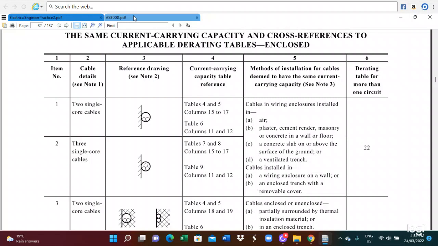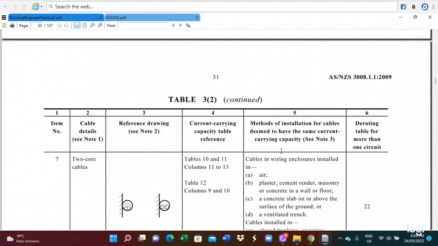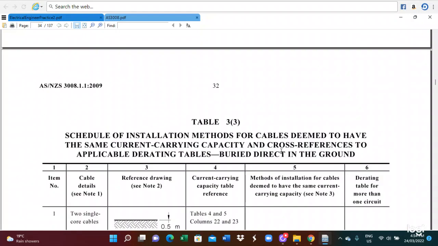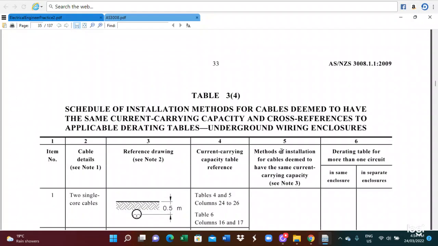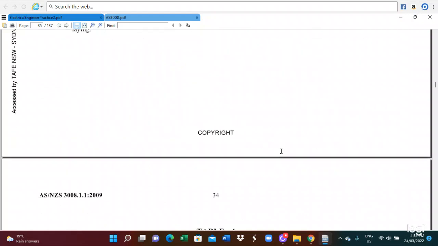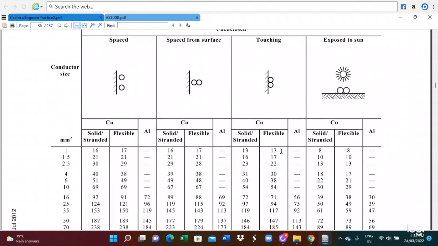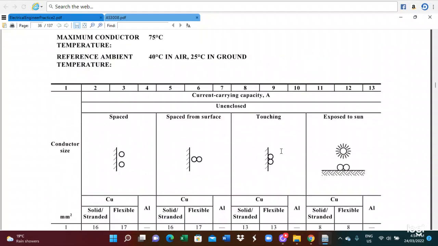Table 4, V75, is for the 75 rating, columns 15 to 17. So we look at table number 4. This is columns 15 to 17.